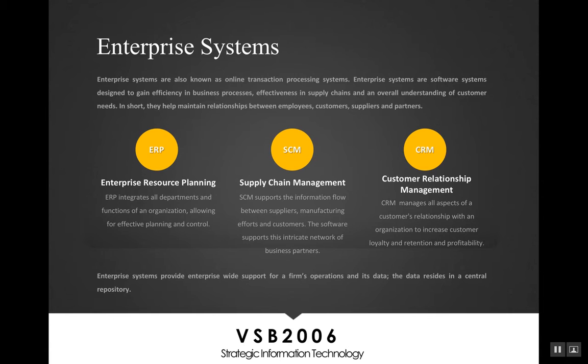And then the third major type of enterprise system is something called CRM, or Customer Relationship Management System. This is actually the opposite end of the value chain from the supply chain. Where supply chain coordinates activities with those business partners and operations that are providing materials for the organization, CRM is focused on the back end of the process, basically the sales and relationship with customers.